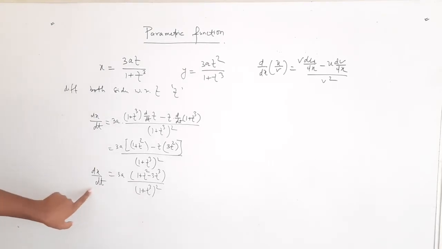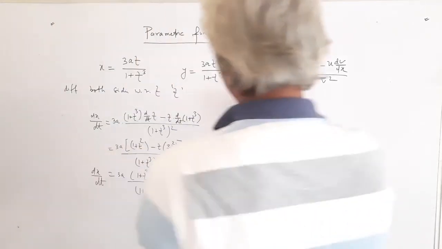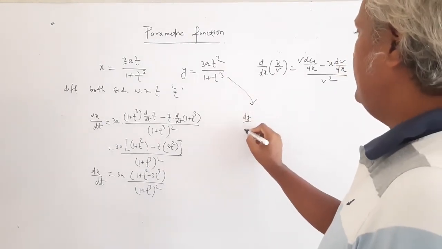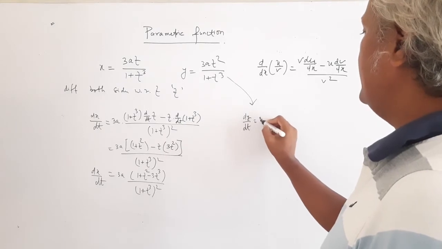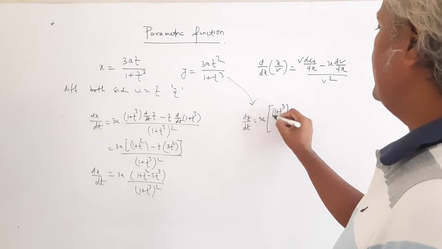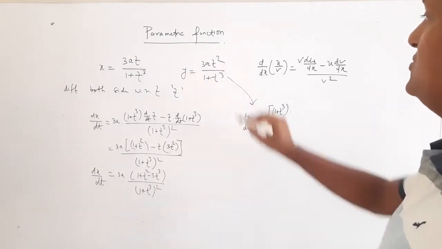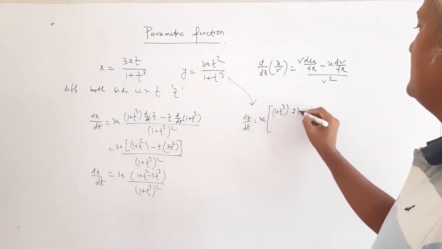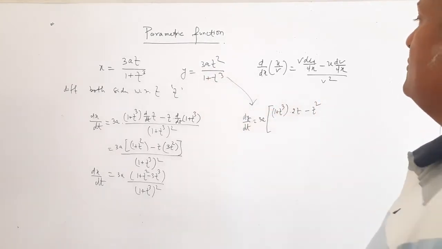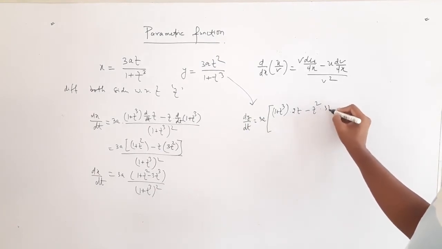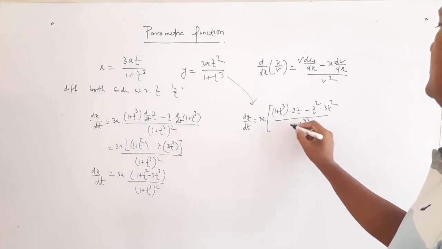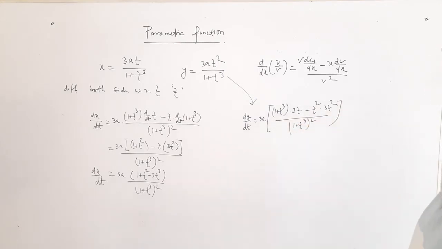Can you see it nicely? Okay, then here I go for this one. Then dy by dt: I keep this 3a aside, and then 1 plus t cube in the denominator as it is, and then you find the differentiation of t square. I'm going directly this time: 2t minus, then keep t square unchanged, and find the differentiation of 1 plus t cube, that is 3t square over 1 plus t cube whole square.